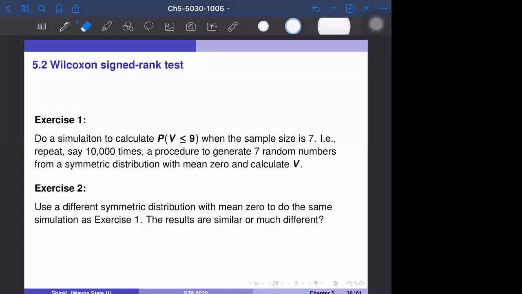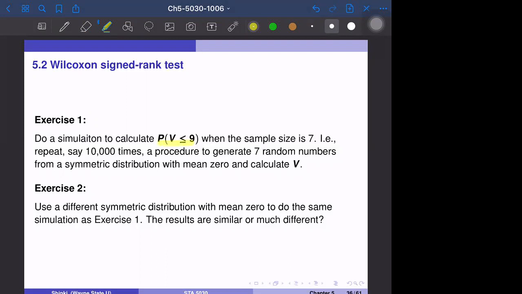Okay, we don't do exercises in this video, but it's good to see these exercises to understand how to calculate the distribution of V. Exercise 1: do a simulation to calculate the probability of V less than 9 when the sample size is 7.